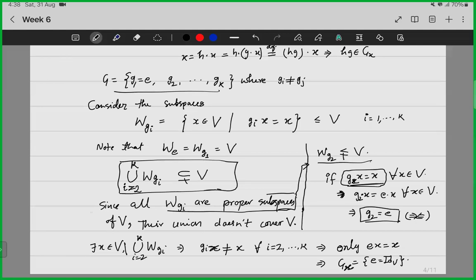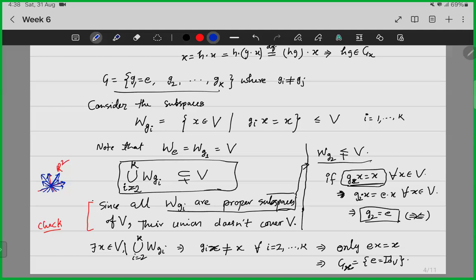Okay, this part let me check. For example, in R^2, proper subspaces are lines and the origin point only. So finitely many lines will not cover R^2, right?